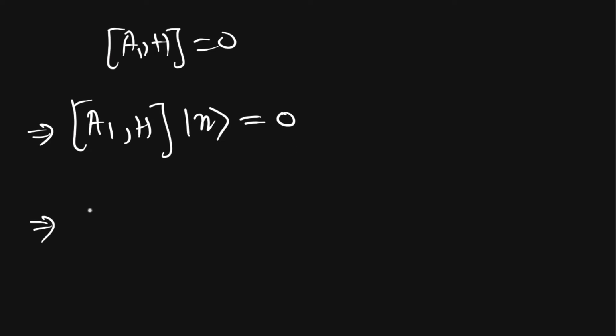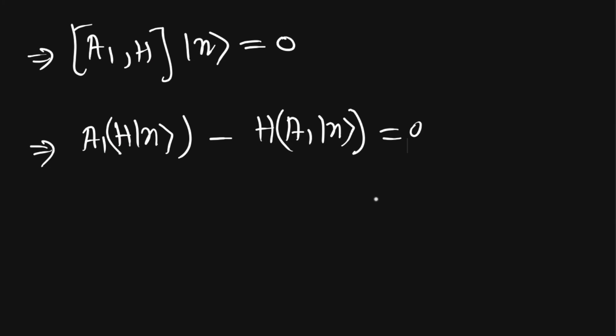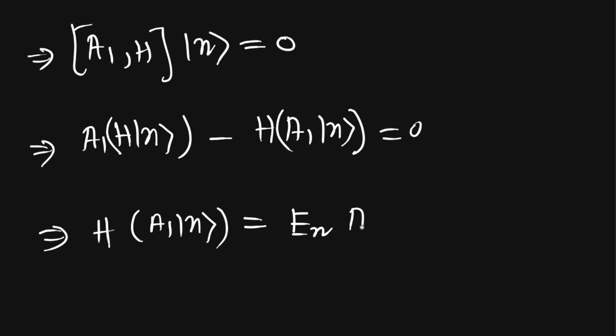That means A1 H|n> minus H A1|n> will give 0. That actually means H A1|n> is equal to En A1|n>.